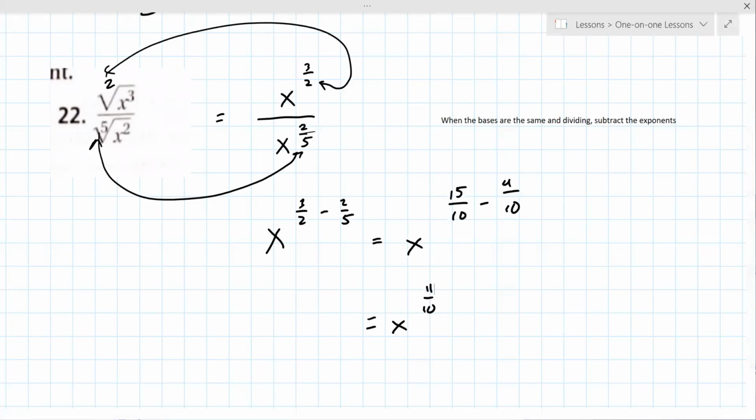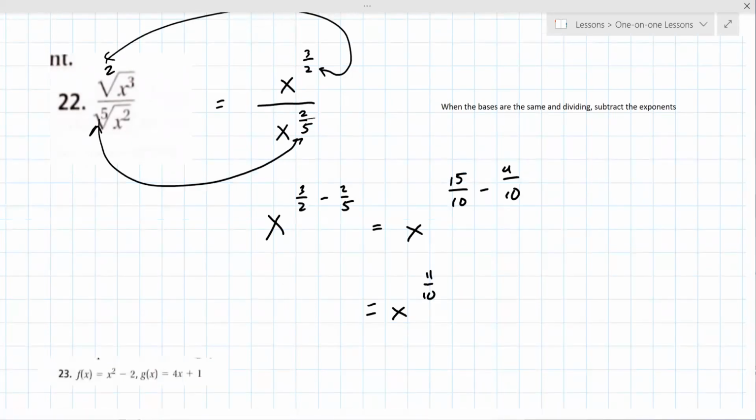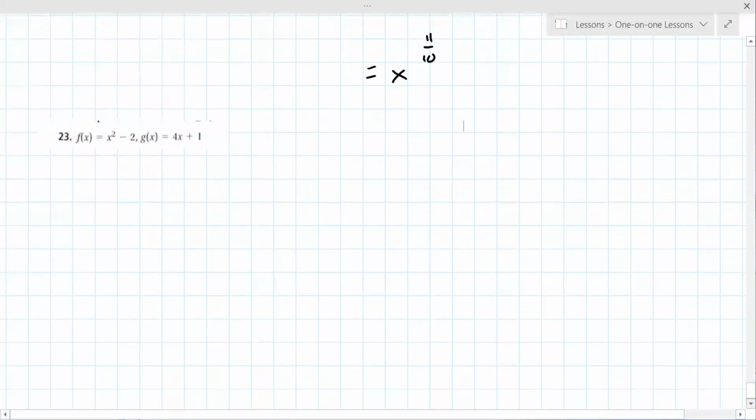23. So this one, it says for each pair, find f bubble g of x, g bubble f of x. So it's the composition in both directions.